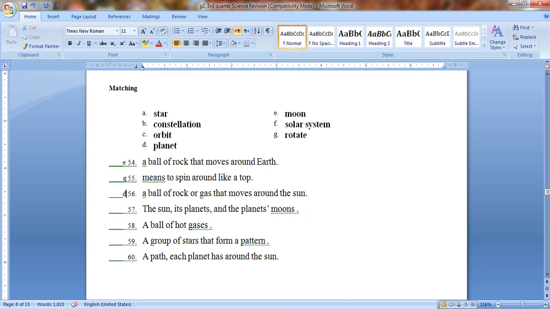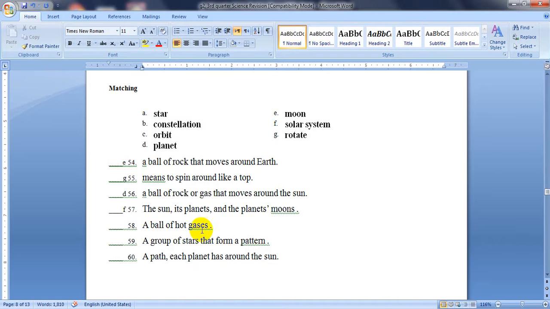The next one, 57. The sun, its planets and the planets' moons, all of them together, form the solar system. So it's letter F.